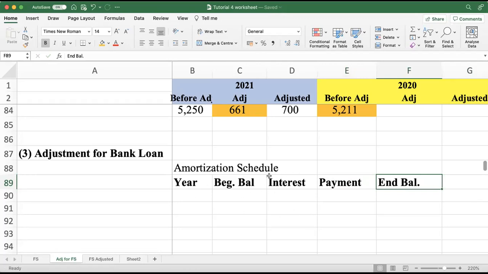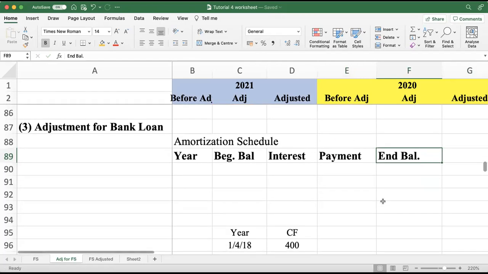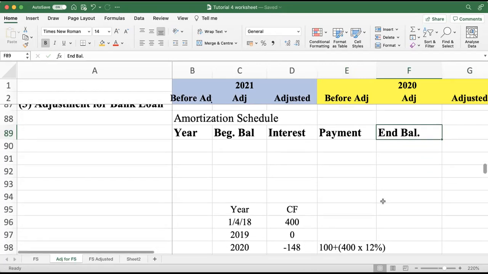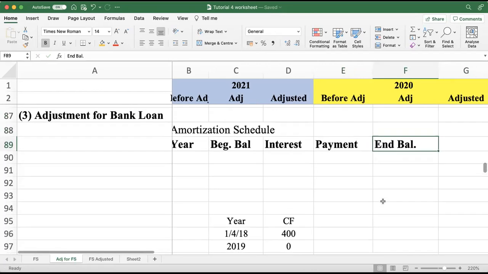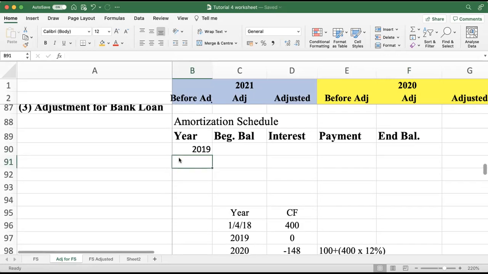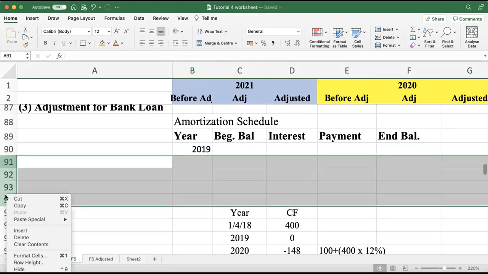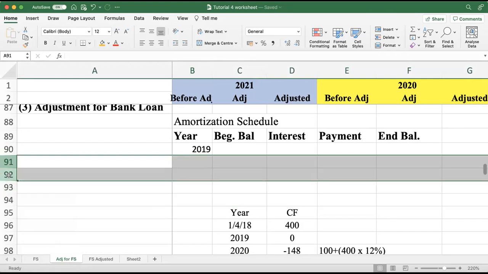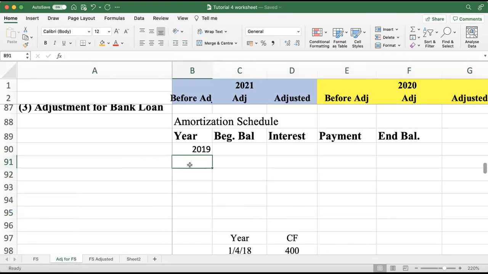So the loan started in 2019 and goes up to 2023: 2020, 21, 22, and 23.